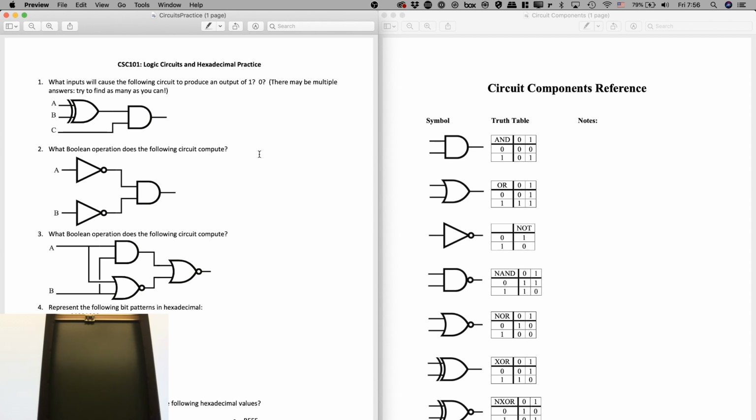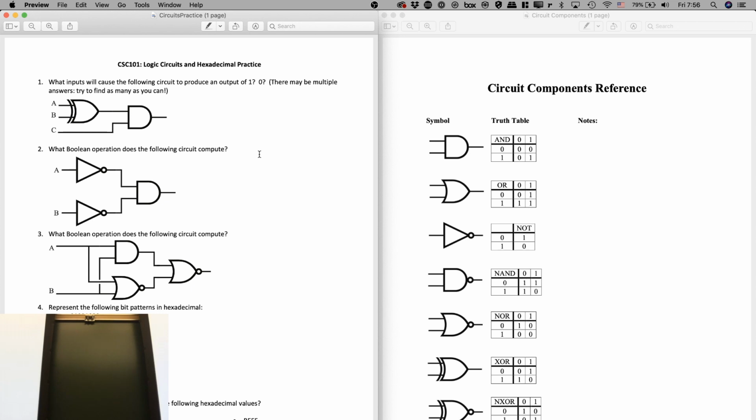What about if A is 1 and B is 0, or vice versa, A is 0 and B is 1? We're going to get the same thing here. It'll be off, and the reason is, if one of the inputs, either A or B, is on, whichever one, it'll get turned off by the NOT gate, and so the input to the AND gate will have one off, and that's all it takes to torpedo it.